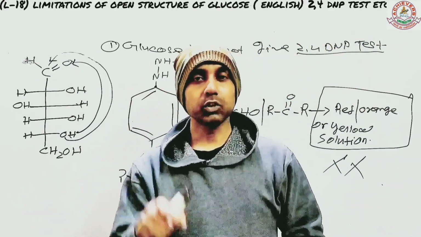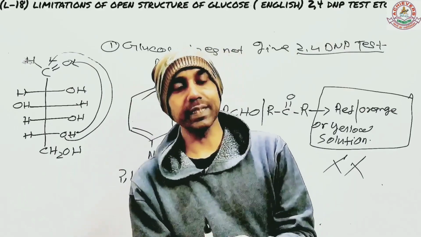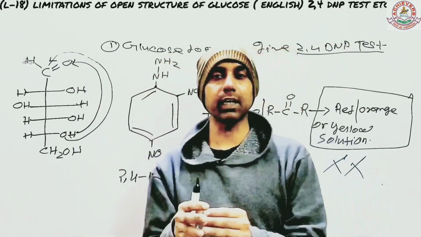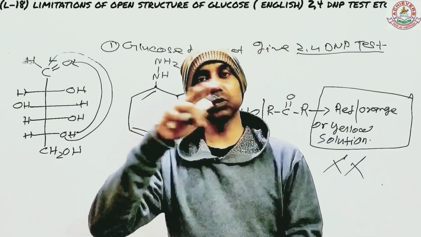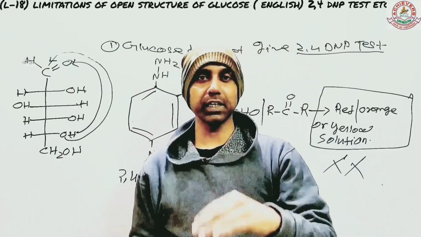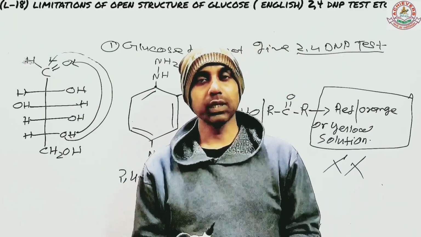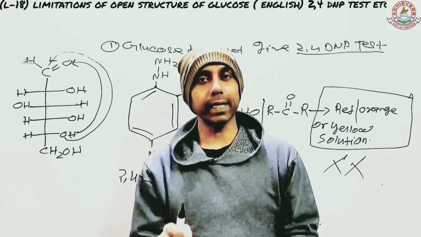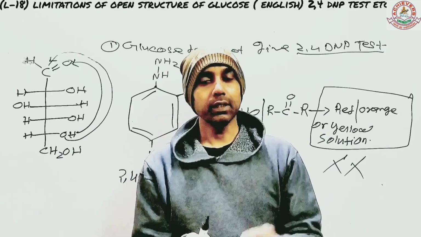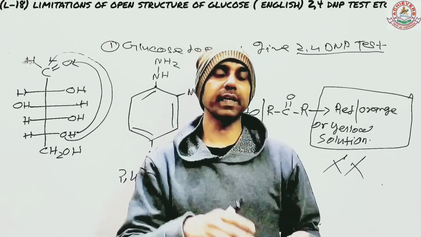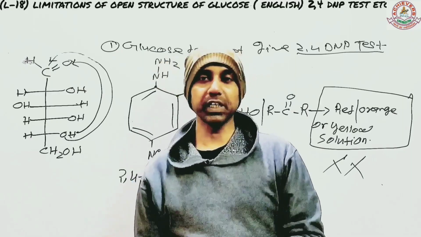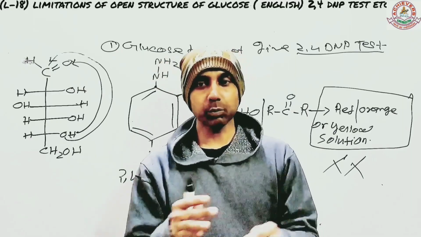You remember that? Because the oxygen on the aldehyde carbon is used in making the 6-membered ring of the glucose, there is literally no aldehyde available, and that's why glucose does not exhibit the 2,4-DNP test, right? So this was the first one.